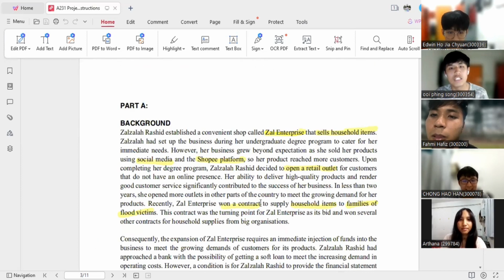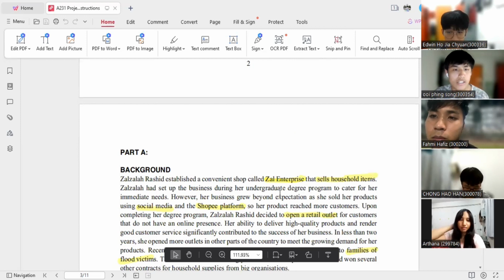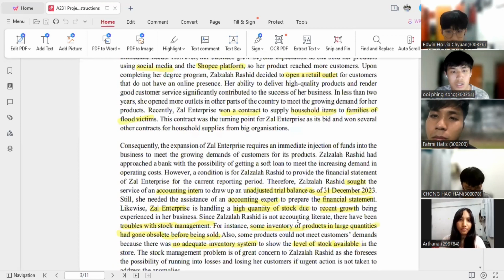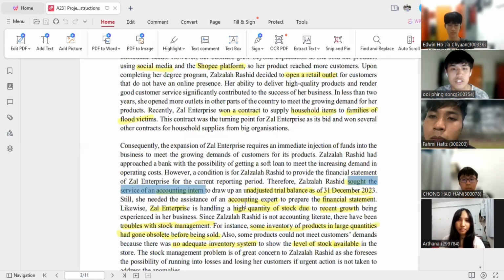For the background, Zazala has opened Zai Enterprise that sells household items. Zazala Rashid is the owner of Zai Enterprise and has hired an accounting intern who drew up an adjusted trial balance as of 31 December 2023.